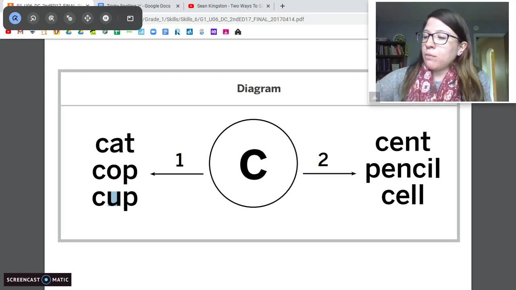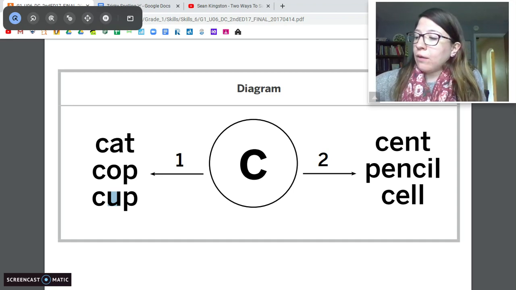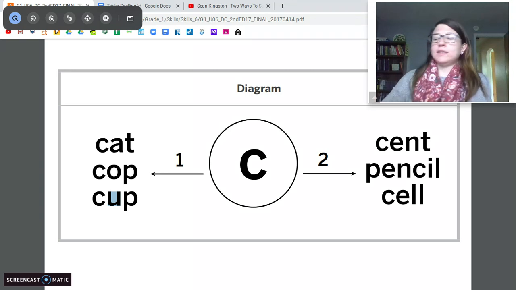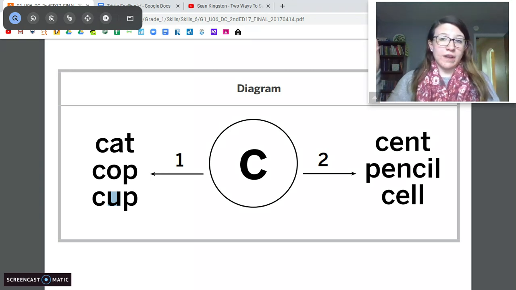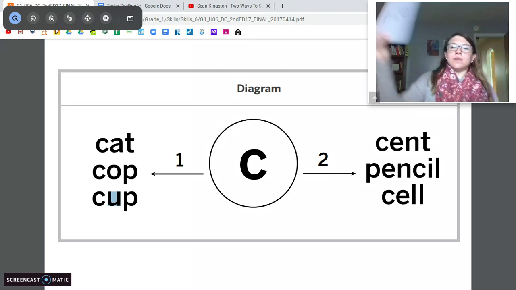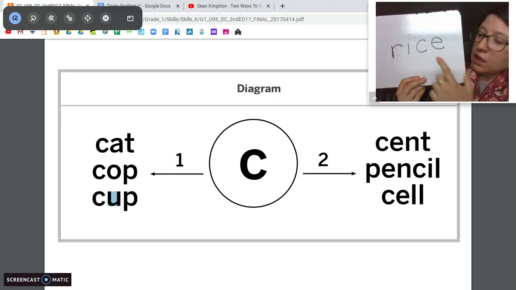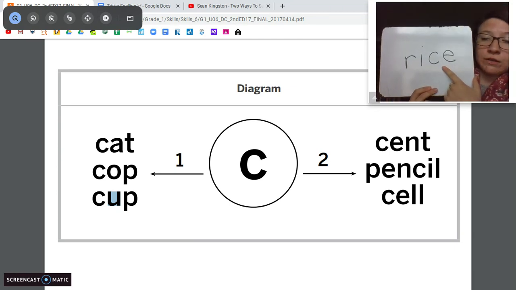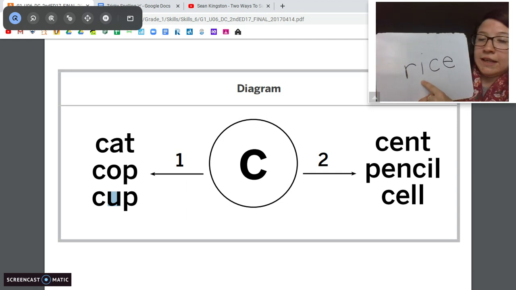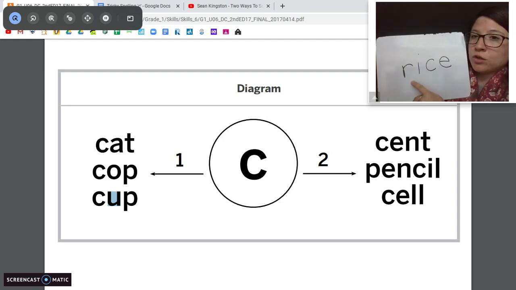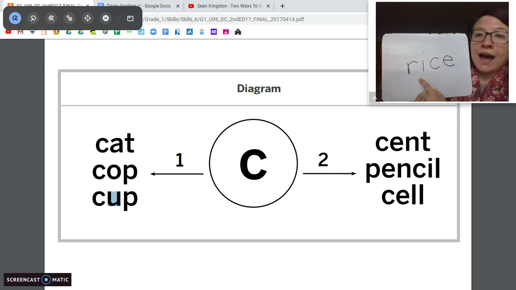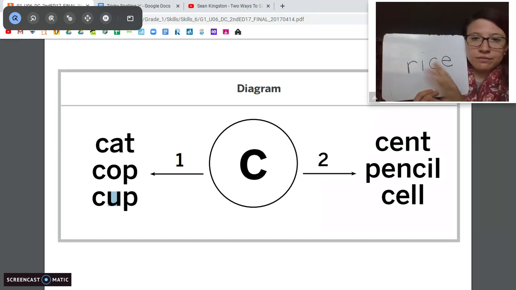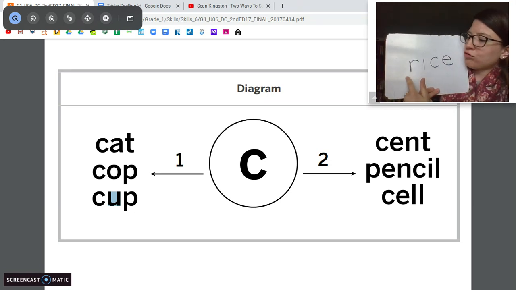So we're going to practice trying it with a word. So I'm going to write a word on the board. We're going to try it with the K sound and see if it makes sense. If it doesn't, we'll try it with the S sound. So here's the word. Remember our magic E rule when you're reading this word. The E makes the I say its name. So this word is I. Now there's a C here. If we're following our diagram here, let's try it with the K sound first.